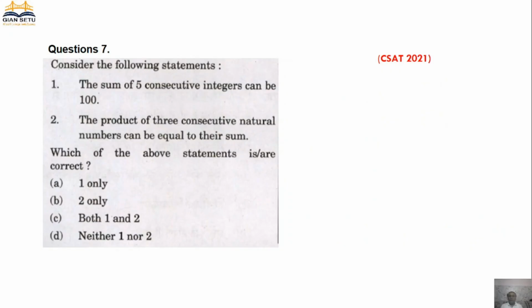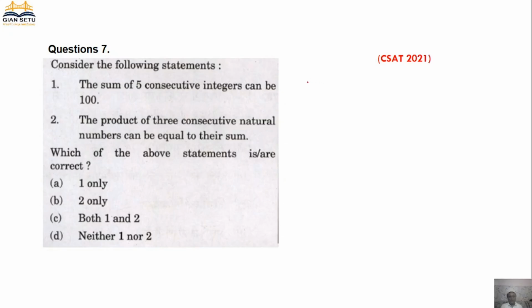Again we are given two statements here. Now we need to find which of the above statements are correct. Statement 1 is: the sum of five consecutive integers can be 100.